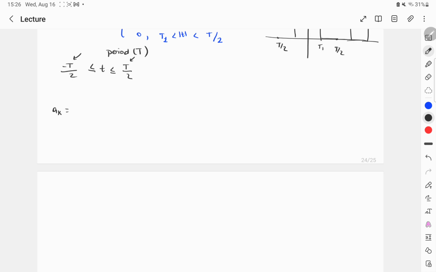Okay, so a_k is equal to, and let me first give the actual formula: 1 over T integrated over T of x(t) times e to the power of minus j k omega_0 t dt.